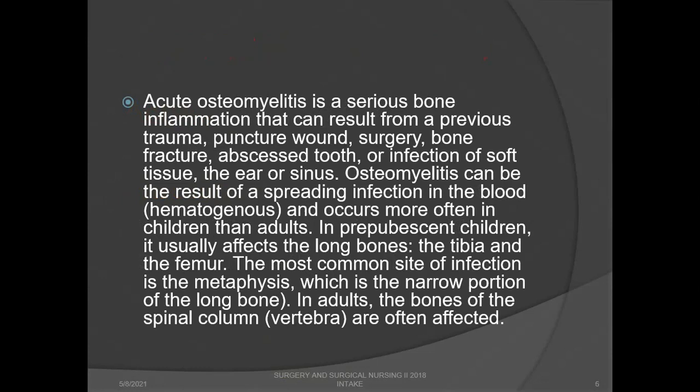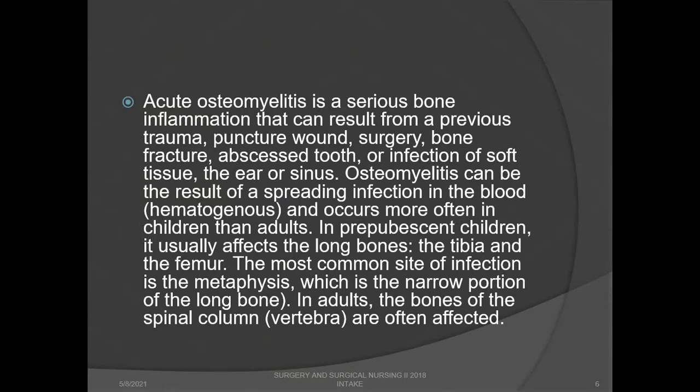Acute osteomyelitis is a serious bone inflammation that can result from a previous trauma, puncture wound, surgery, bone fracture, abscess tooth, or infection of soft tissue, the ear, or sinuses. Osteomyelitis can be the result of spreading infection in the blood, which is hematogenous, and occurs more often in children than adults.